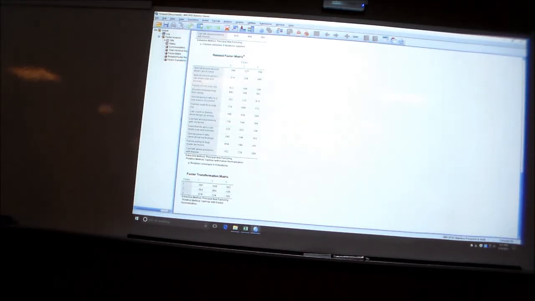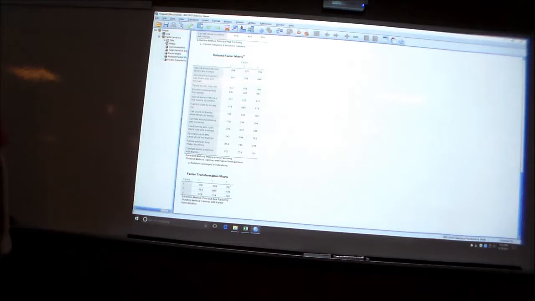So what is this first factor that we've extracted? Family support, sort of perceived support from family. Second factor: friends really try to help me, I can count on my friends when things go wrong, I have friends who share my joys and sorrows, I can talk about problems with my friends. We've got perceived support from friends.